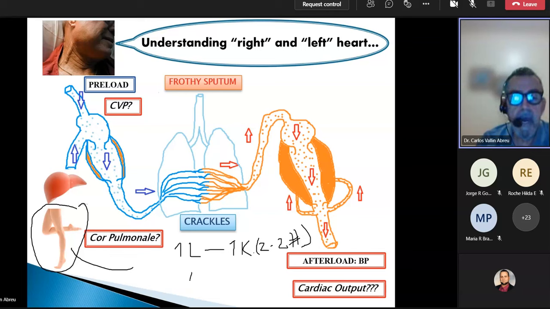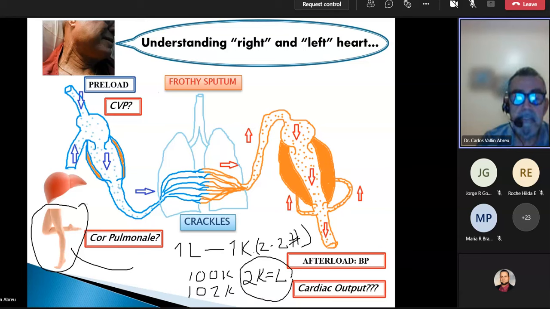So if today I weigh 100 kilos and tomorrow I weigh 102 kilos, this change of weight in 24 to 48 hours, so acute and in so short a time, is liquid. So what does it mean? I retained 2 liters, because the difference is 2 kilos, or 2 liters, because it's the same, of liquid.